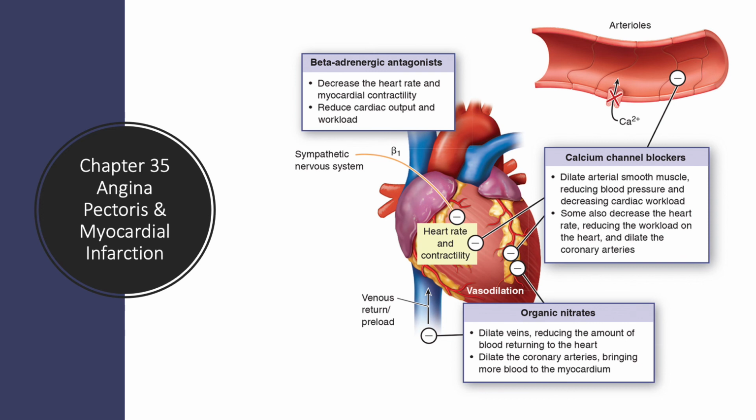So you're reducing preload, and that reduces the work of the heart. Okay. Now, of course, nitrates, by reducing preload, will also reduce your blood pressure, because if there's less blood returning to the heart, there's less blood leaving the heart, and that's going to reduce systemic blood pressure.